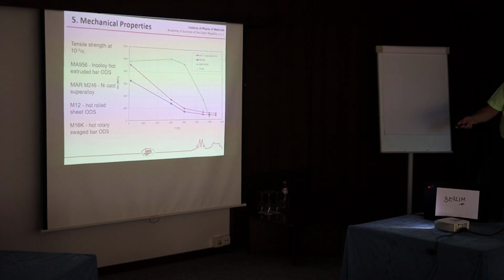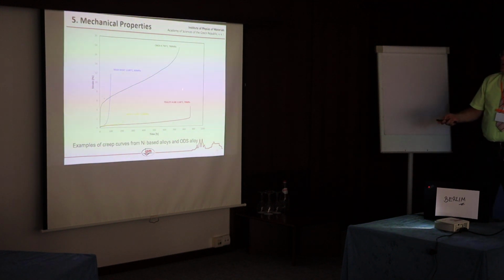So this was one of the trials of hot rotary swaging, and you can see it's a little bit better than our material, and the blue line is the commercial alloy, so we are a little bit better than it. So if you compare the creep curves, we have 3 curves at 1100 degrees C, here for the MAR superalloy at 60 megapascals.